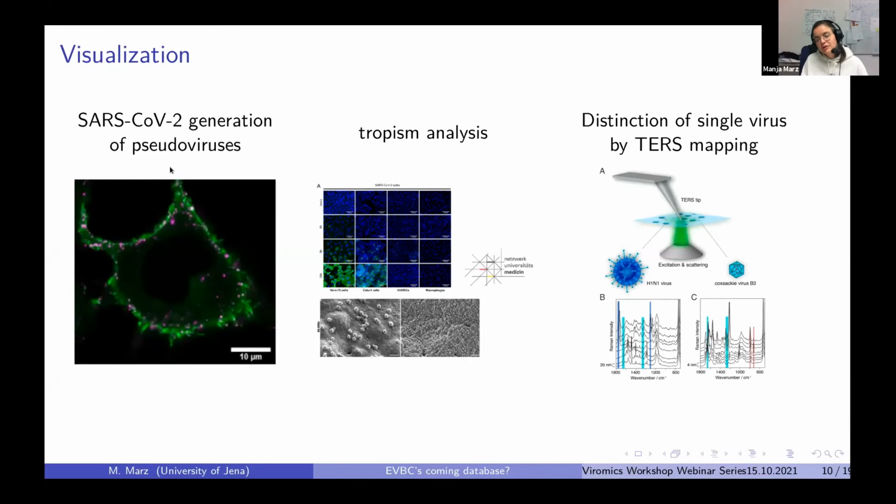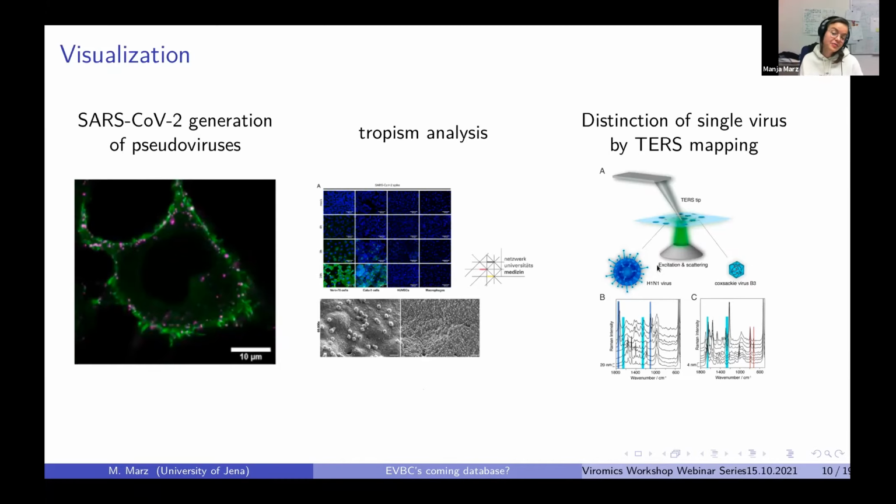You can already distinguish viruses from pseudoviruses by several techniques. There are several groups working on that, and the publications are on the way. Another thing is, maybe this doesn't count too much for phages, but it's a little bit similar, that you can also try to understand tropism better via pictures you can generate.